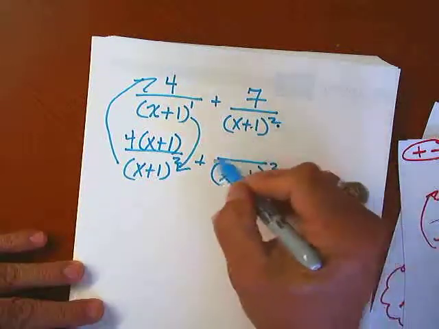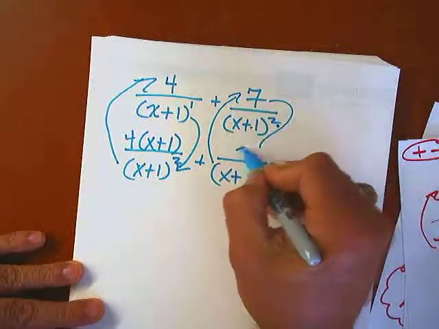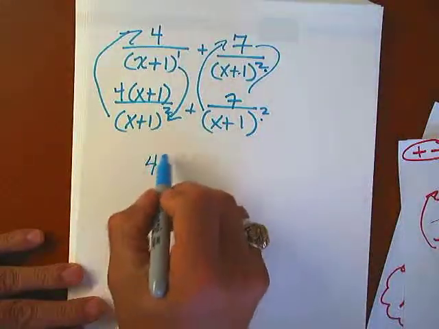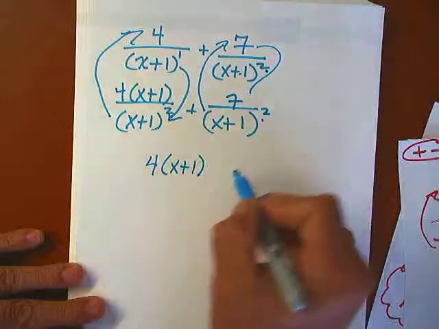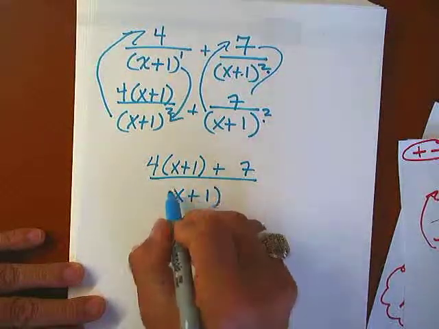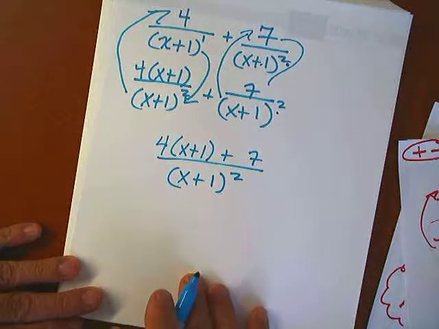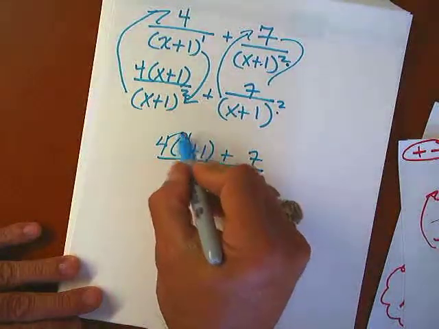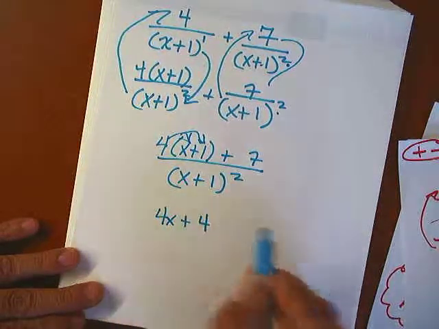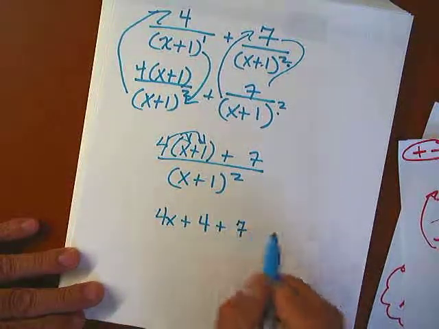How many times will this go into this? Well, x plus 1 to the first power, because x plus 1 to the first power times x plus 1 to the first power is x plus 1 to the second. You add the exponents. Times 4 is 4 times x plus 1. X plus 1 squared will go into x plus 1 squared one time. 1 times 7 is 7.